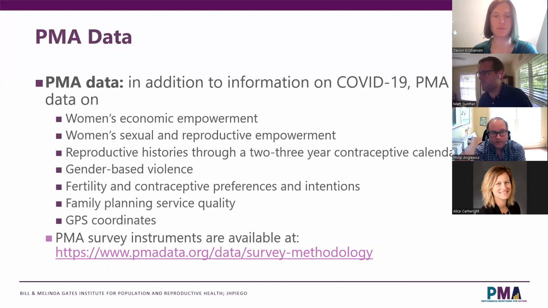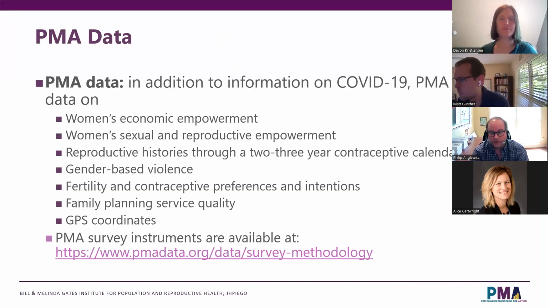So first of all, the examples that we ran through today, we're looking at the impact of COVID-19 on contraceptive use. And that's obviously only one of many topics that PMA collects data on. So PMA also collects data on topics like women's economic empowerment, women's sexual and reproductive empowerment, and reproductive histories.